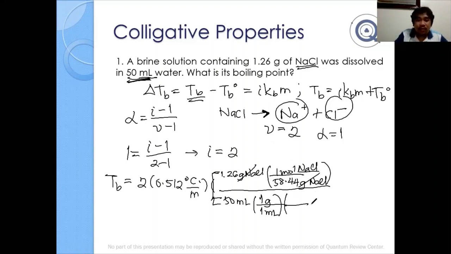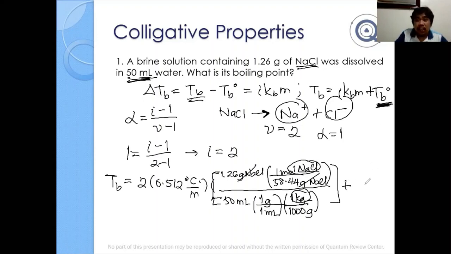Then what's next? Convert to kilograms. So 1,000 grams below, then 1 kilogram on top. So now you have i Kb m: moles of solute per kilogram of water or solvent. Then plus, don't forget the Tb note. Sir, it's not given.